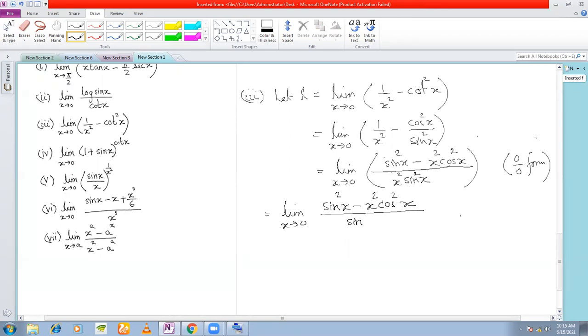So you write this as sin square x by x square. And this x square you already have here. So for this you will have x to the power of 4. Okay. So now what will happen?